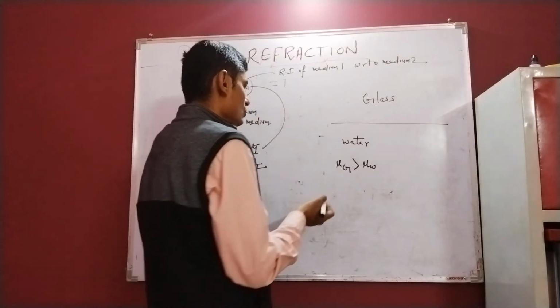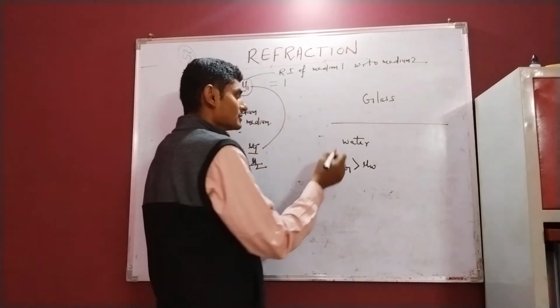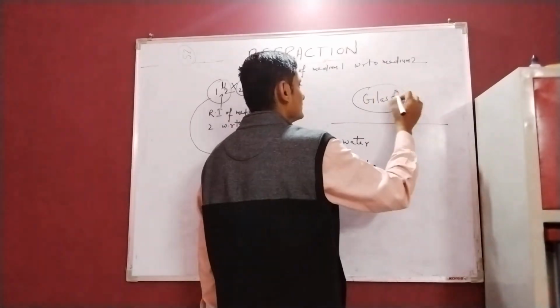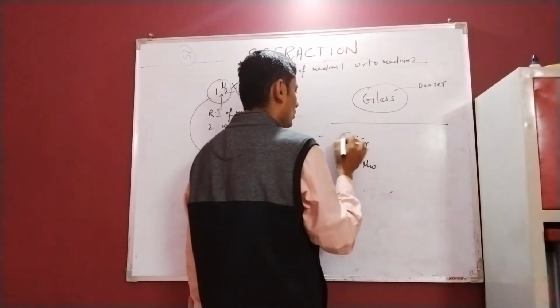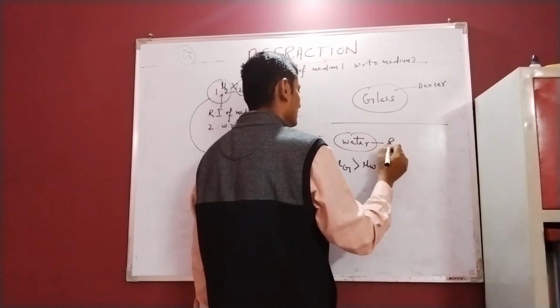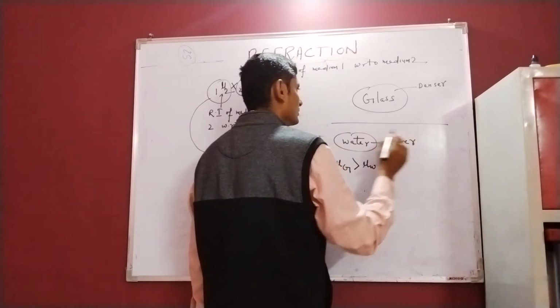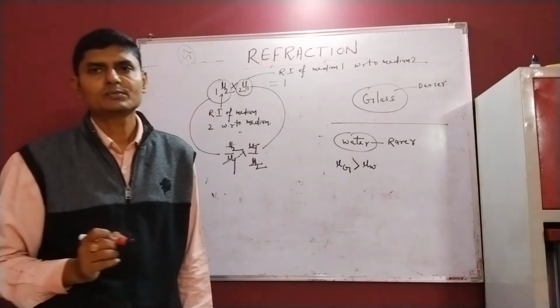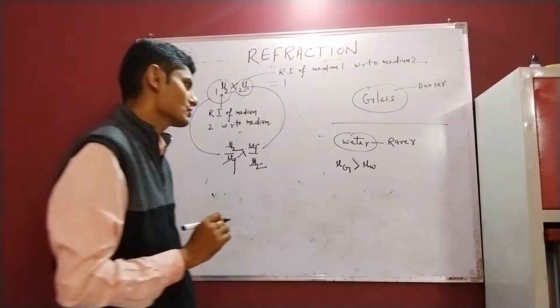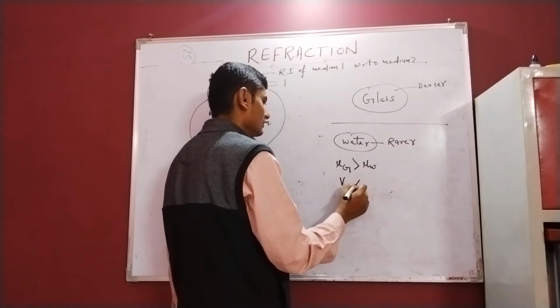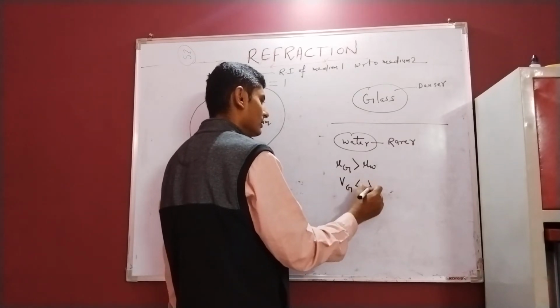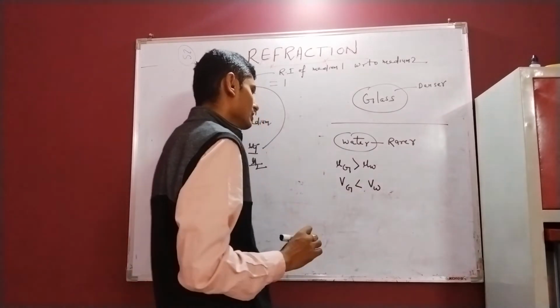So glass is said to be the denser medium as its refractive index is more, and water is said to be the rarer medium. In denser medium, speed of light is less. So of course, speed of light in glass will be lesser than speed of light in water.